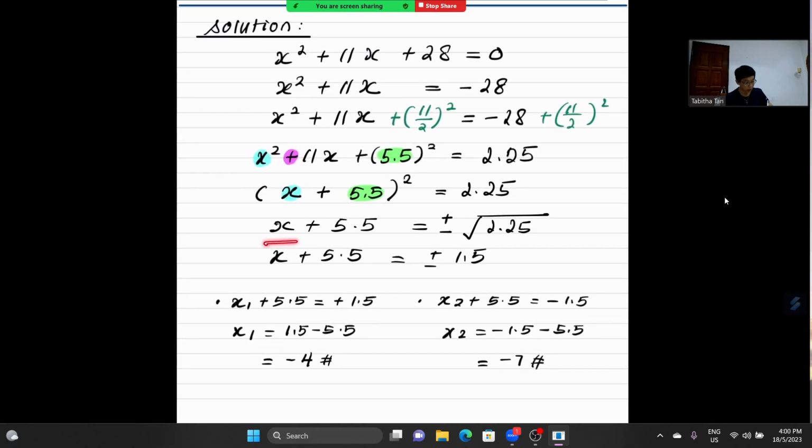Now you take the linear equation, equate it to the positive to get this one. And you repeat the same thing here, but this time equate it to the negative version to get this one. And the final step to your success is just solve the linear equation, and there you go.